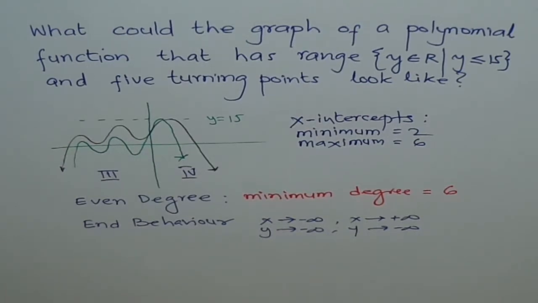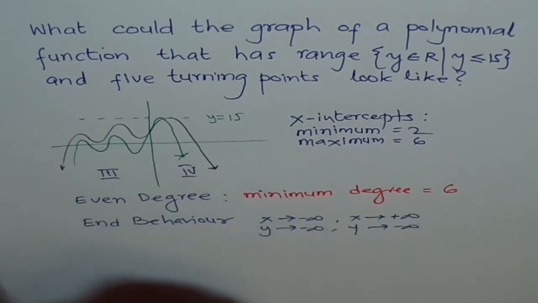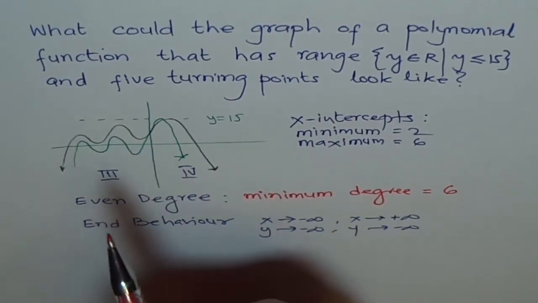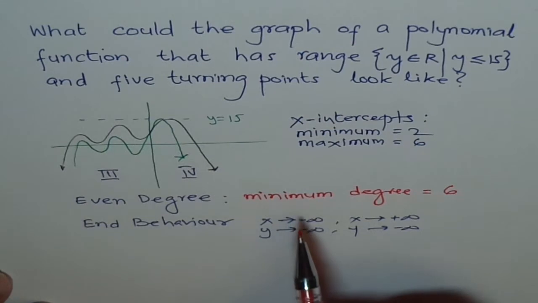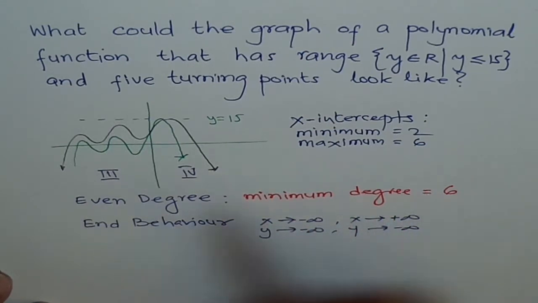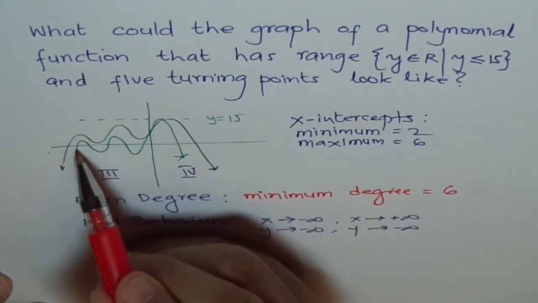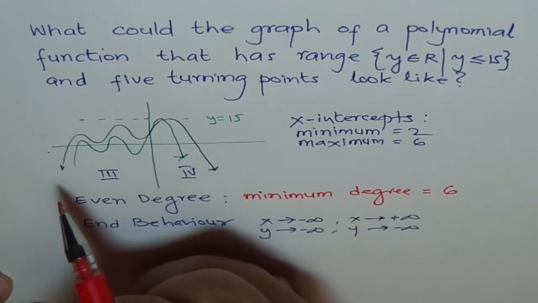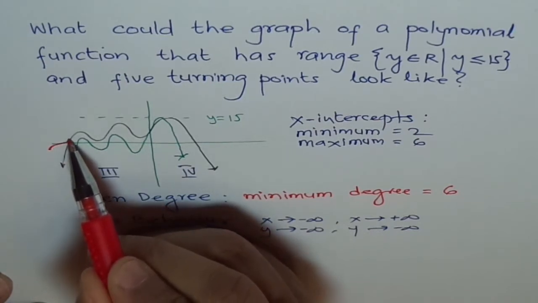Now, we can change our graph a bit. That means we can make zeros in a different fashion, maintaining our turning points. So this time I'll draw a graph with more degrees, so that you can appreciate why we are saying minimum degree of 6. Look here. We'll have 5 turning points, but we'll change the nature of zeros. Let's say the first zero is kind of odd.